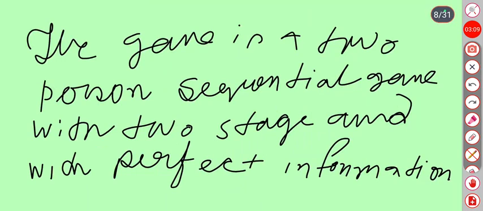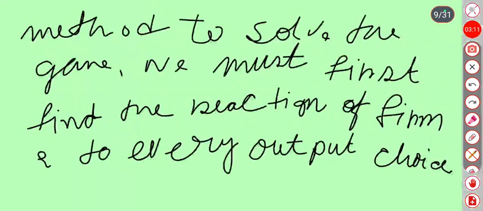The meaning is simple: firm 2's decision depends upon firm 1's quantity. So we can write firm 2's optimum output as Q2 star of Q1, which depends on how much firm 1 produces.